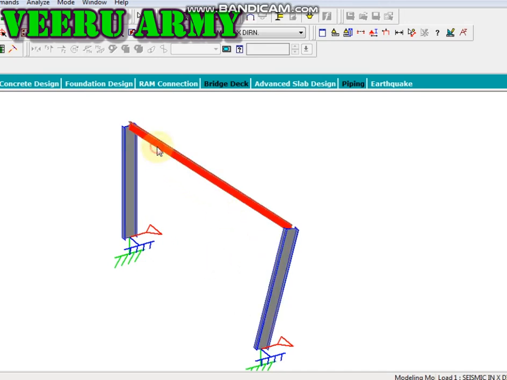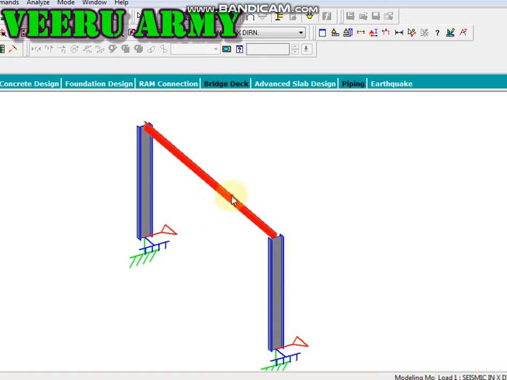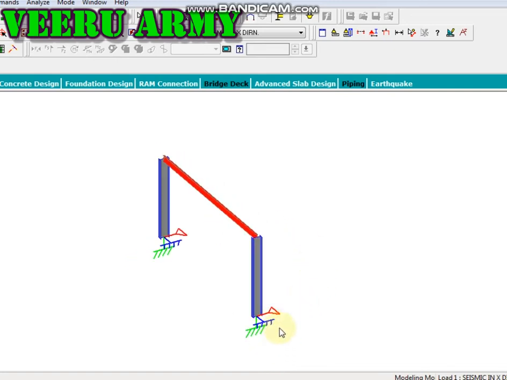It means the girt does not provide support or restrain the movement about the z-axis. Or we can provide a pipe between this column. So this pipe does not restrain the movement about the z-axis.